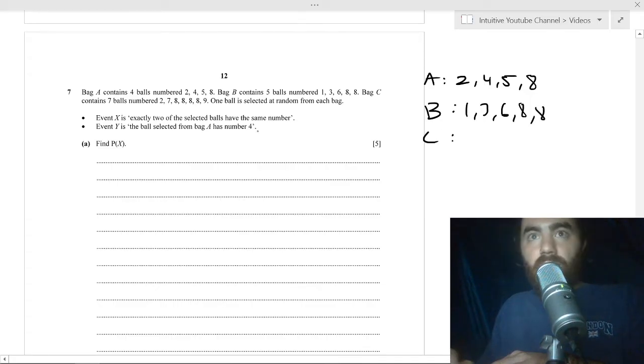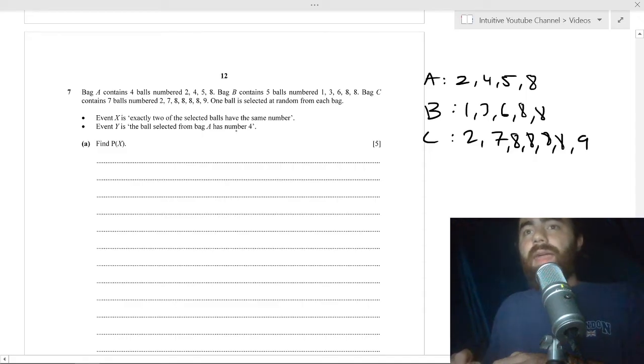And bag C has 7 balls: 2, 7, 8, 8, 8, 8, 9. And 1 ball is selected at random from each bag. Event X is when exactly 2 of the balls selected have the same number. Event Y is when the ball selected from bag A has the number 4. And it wants us to find the probability of X.